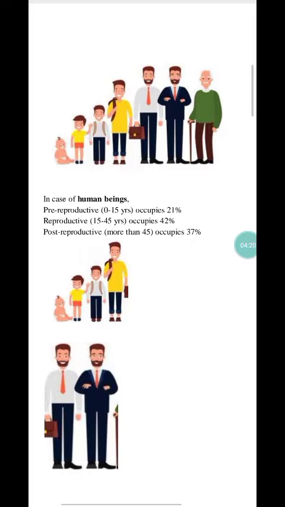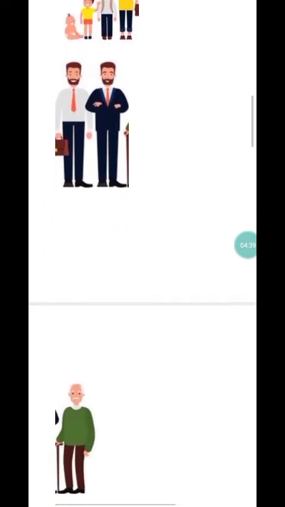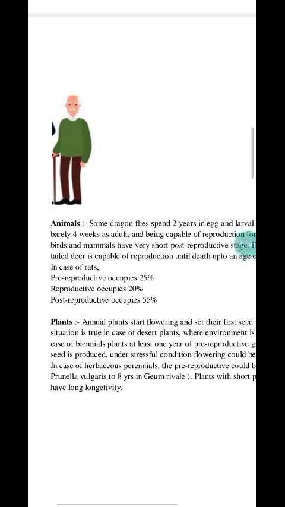Reproductive, from 15 to 45 years, occupies a maximum of 42%, and post-reproductive is about 37%. This data is different in different countries of the world, so it is not the same in all regions.